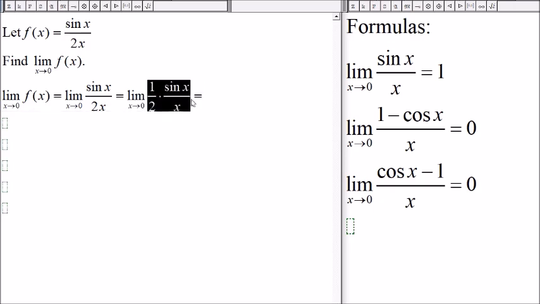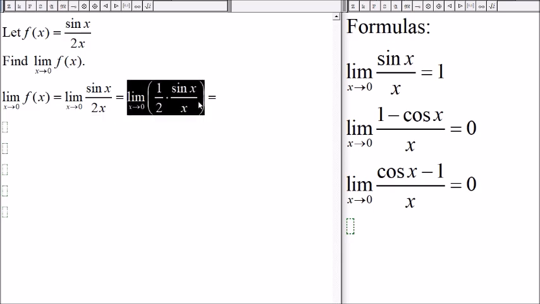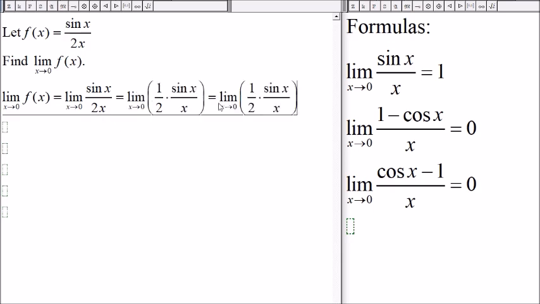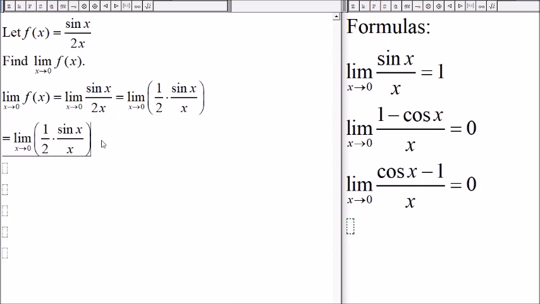And recall that if we have the limit of a product, then this just becomes the product of limits. So we can rewrite this as the limit of 1/2 times the limit of sine of x divided by x.